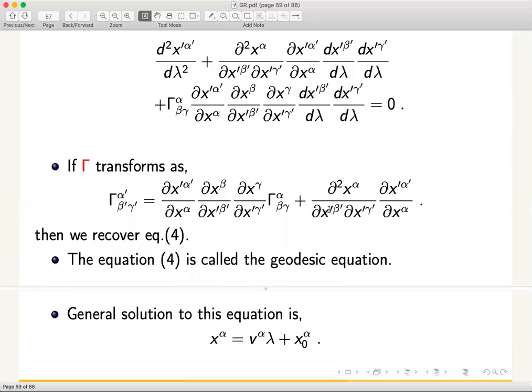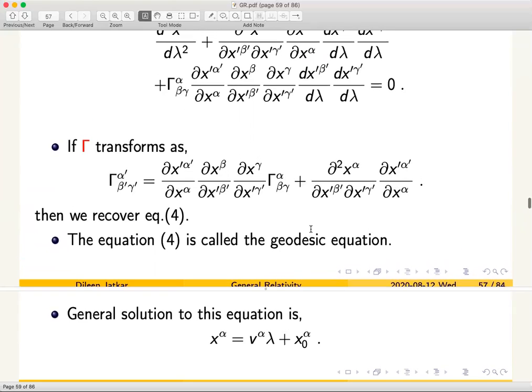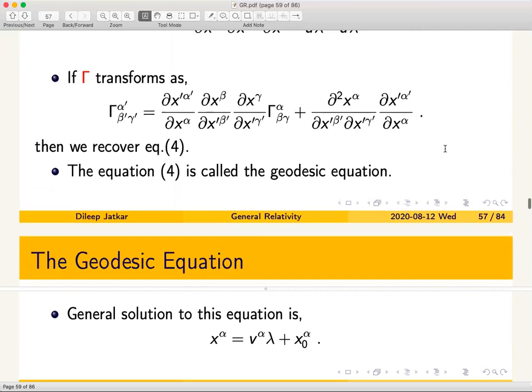And in that case this term is necessarily non-zero. Fine. So far, as I was saying last time, we had studied only tensors, and this is the first time we encounter a quantity which is not a tensor. And so this is one important non-tensor quantity that we would be using in general relativity.